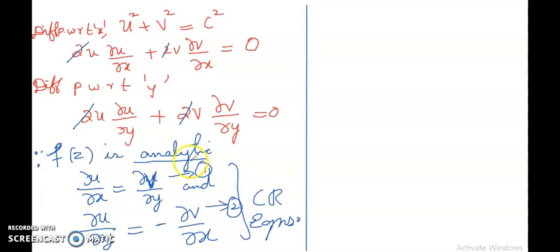I have taken these CR equations as equation number 1 and 2.